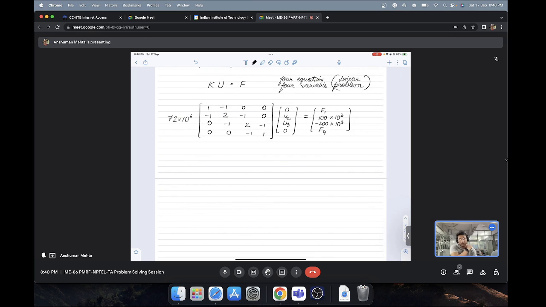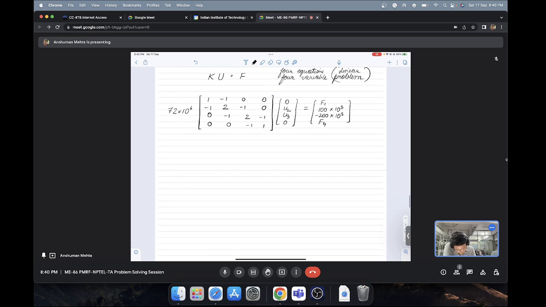So let us write all the equations. It might take some time. 72 into 10 to the power 6 into 0. This into 0, this into u2. So minus 72 into 10 raised to power 6 into u2, then again 0 0 is equal to f1.